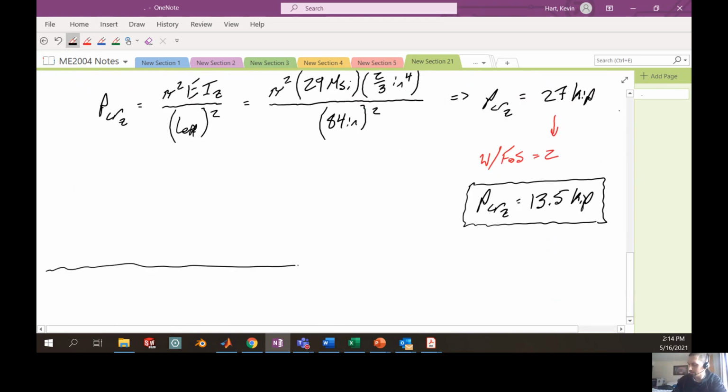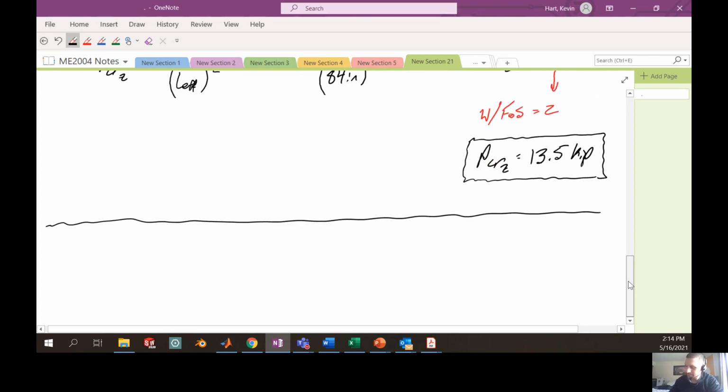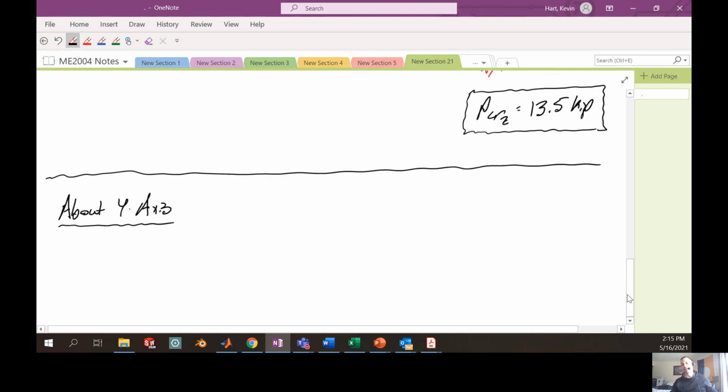Now let's take a look at the load that would be required to buckle this thing about the Y axis. Here again, we have a different boundary condition, and you can go back up and remind yourself what that boundary is, but for the Y direction, the boundary is fixed.